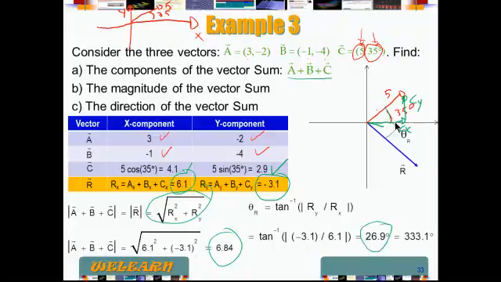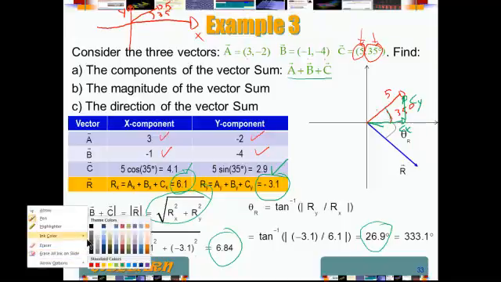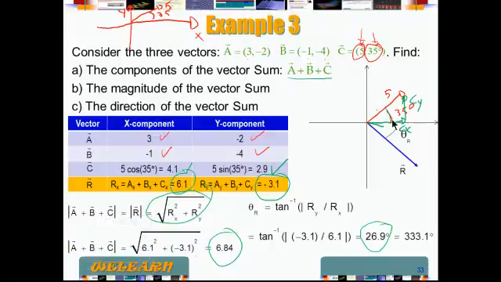Again here, we go back to the graph. Let me use a different color. I chose purple. So my Rx is 6.1, so it's somewhat like this. My Ry is minus 3.1, so it's going down.